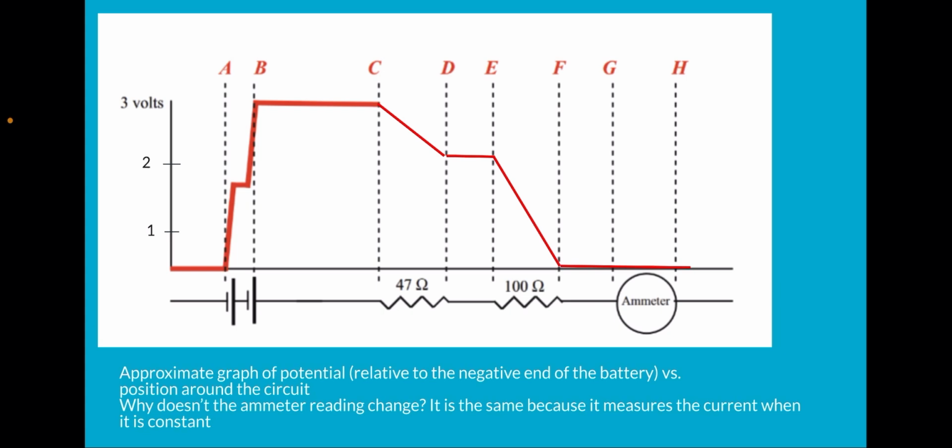It was an approximate graph of potential versus position around the circuit. And then a question we had to answer was, why doesn't the ammeter reading change? And we established that it's the same because it measures the current when it is constant. And as it's constant, it's not going to change.